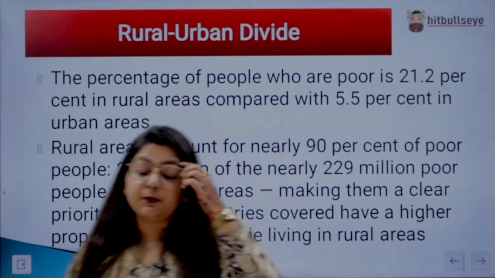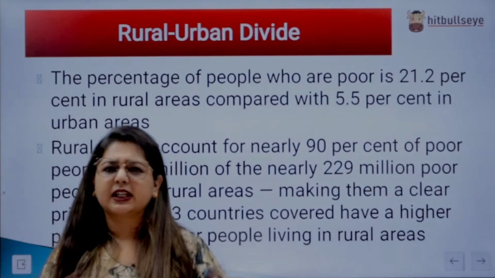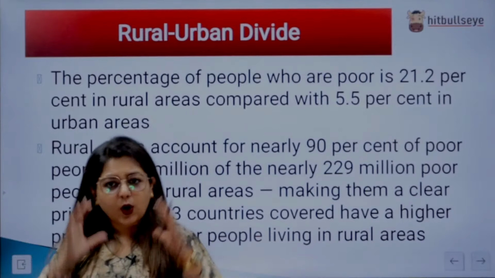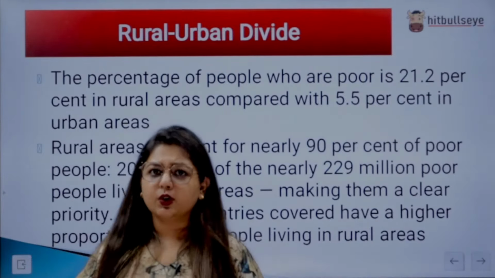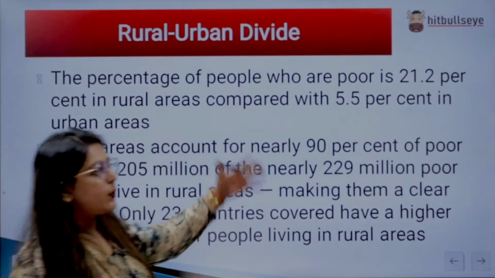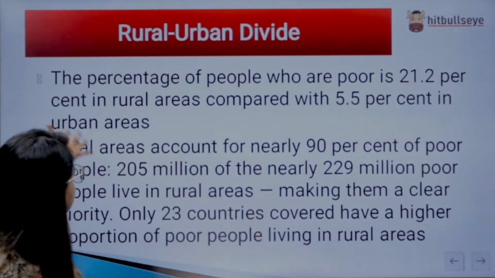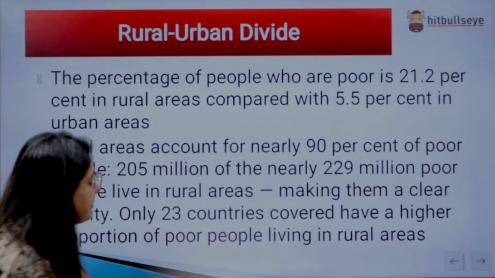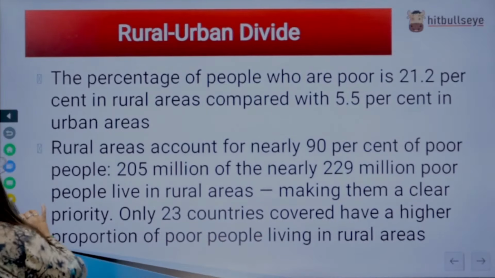Then speaking of the very important urban-rural divide, because we know that this divide has sustained for centuries now. The percentage of people who are poor is 21.2% in the rural areas of India, as compared with 5.5% in the urban areas.